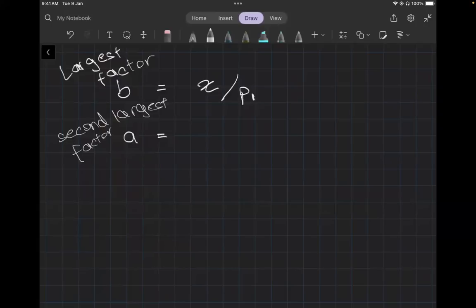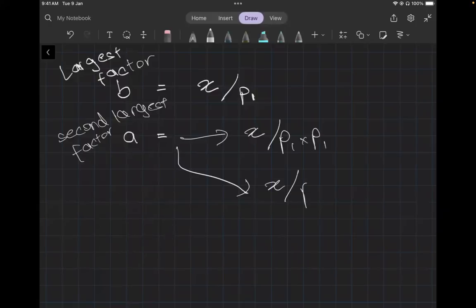If the smallest prime occurs twice, x divided by p1 into p1 is a candidate, or it is x divided by p2, where p2 is the second smallest prime in x.